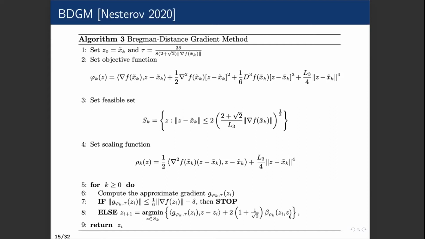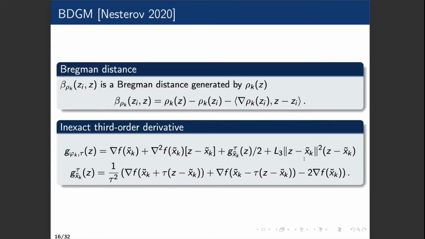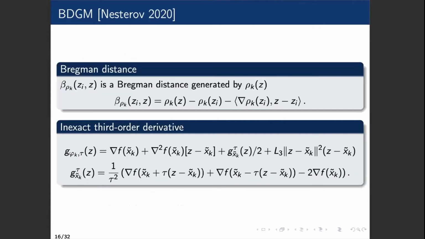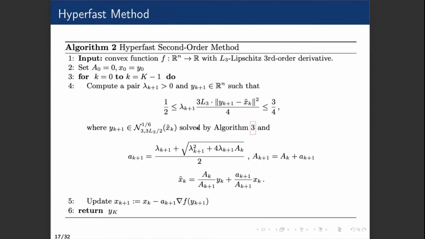So basically all of these methods for p equal to 3 are as hard as methods for p equal to 2.